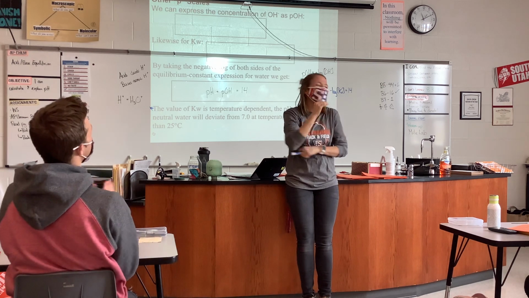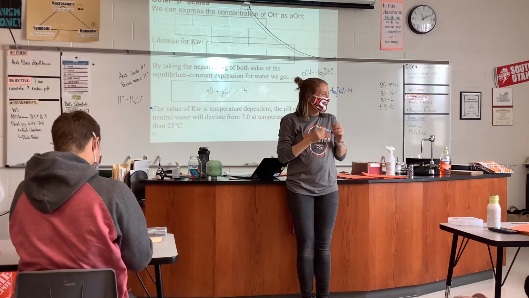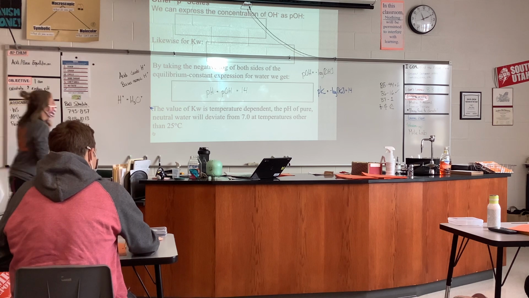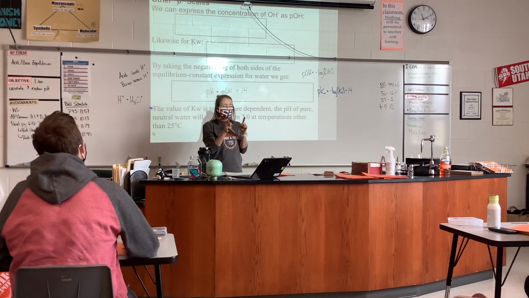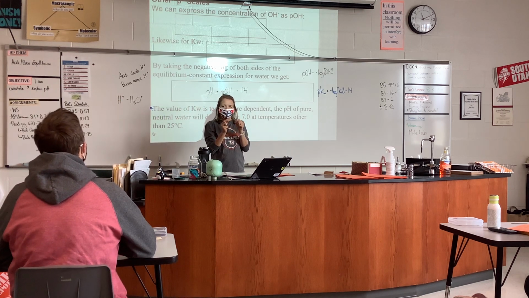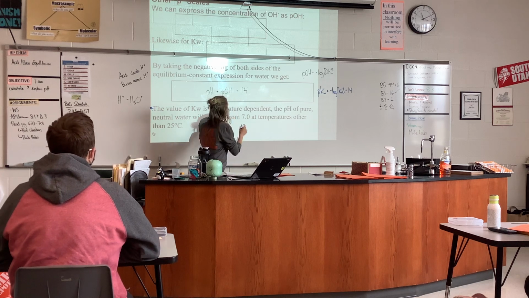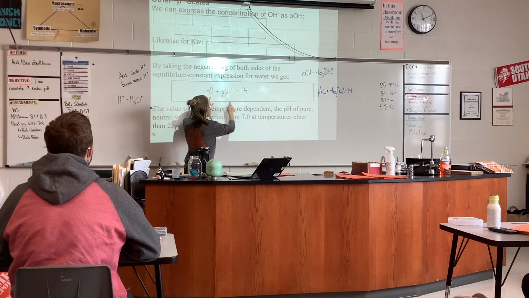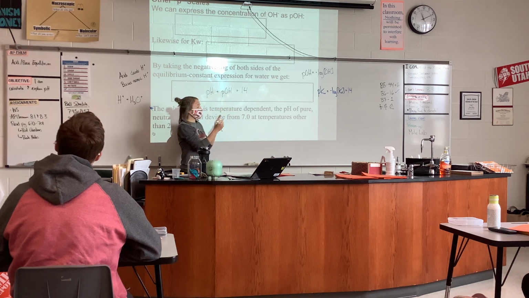He said so many smart words right there. So why is water classified as neutral? It's not because it's seven. It's just at equilibrium. These two things are equal. They're the same.